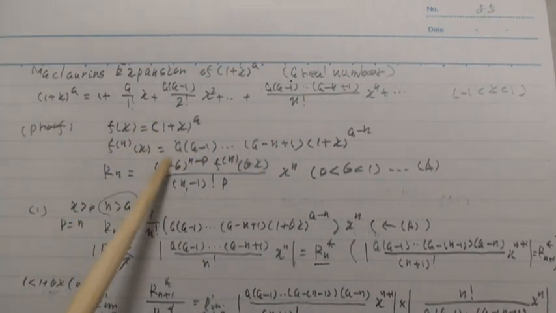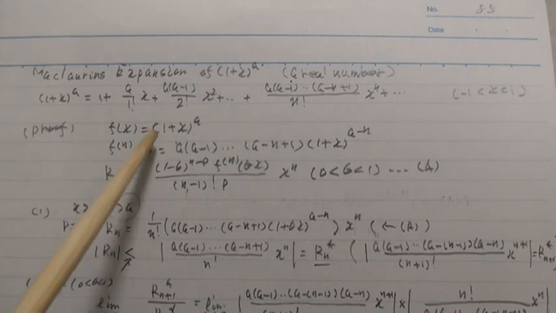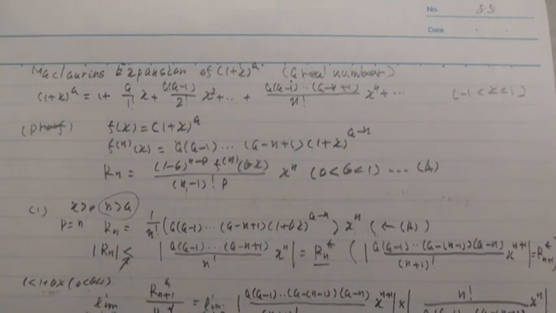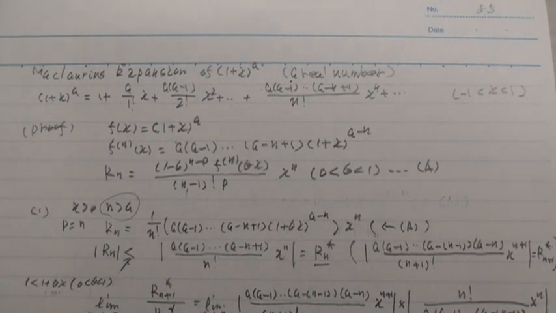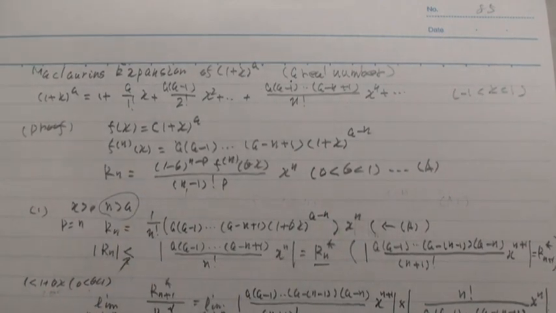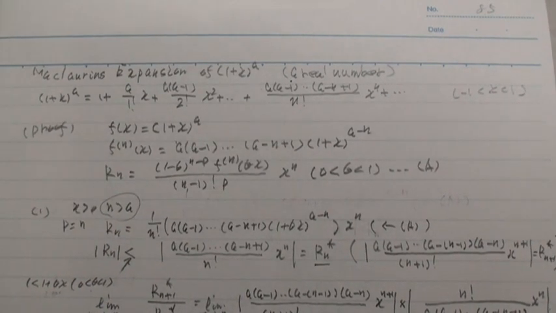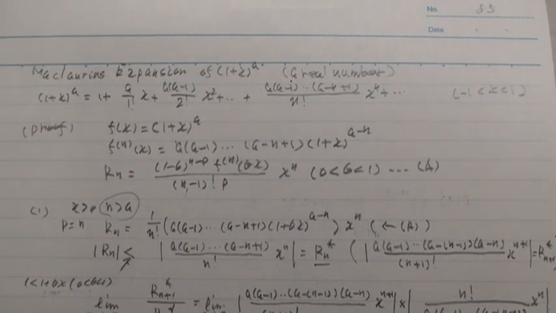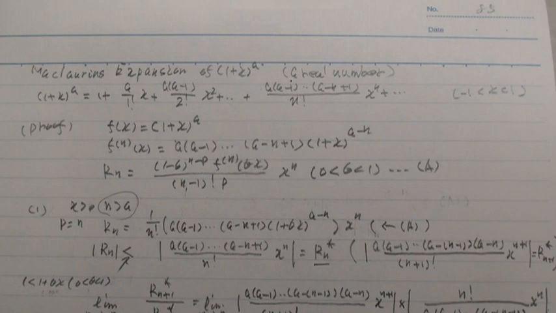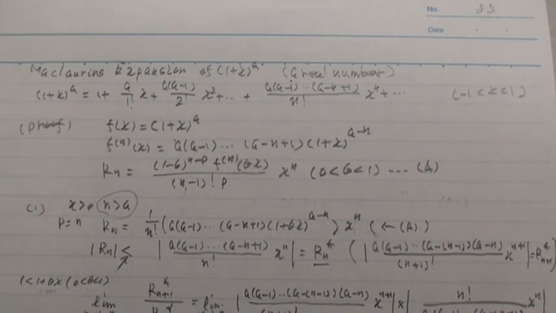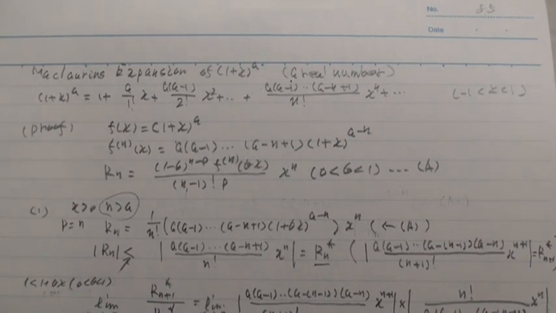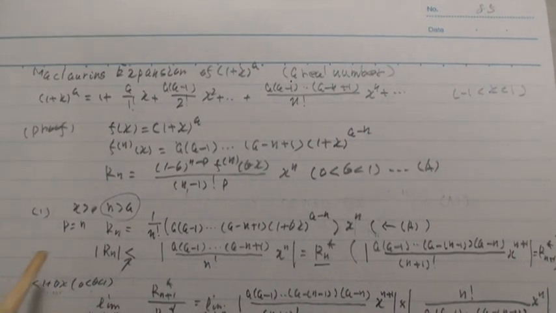And θx times x then. The absolute value of R_n is smaller than this, because 1 + θx is greater than 1, and θ is between 0 and 1.